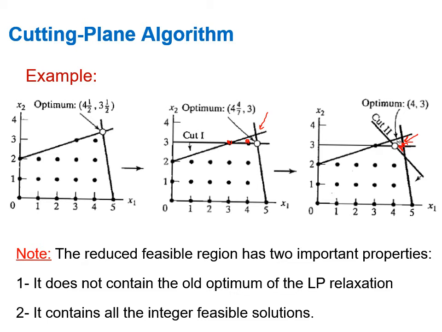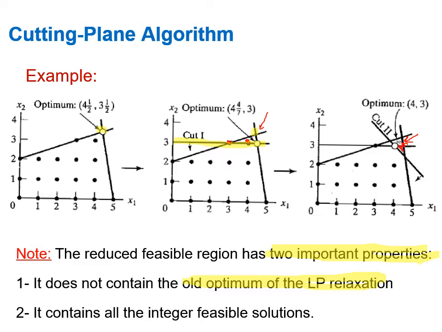This is very important. The reduced feasible region has two important properties. First one is it does not contain the old optimum LP relaxation. You see, old optimum LP solution was here. When we include cut 1, the old one, this one, is outside the feasible region now.